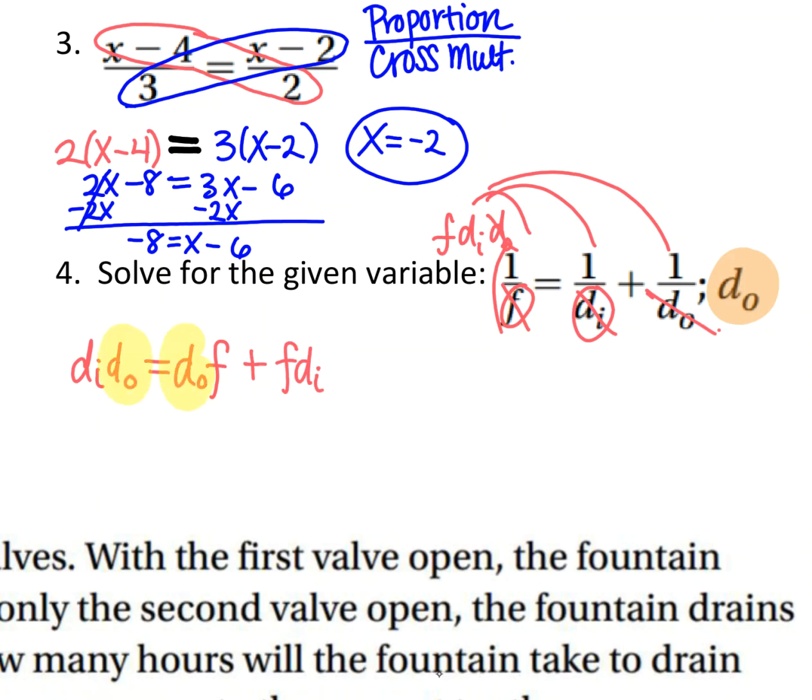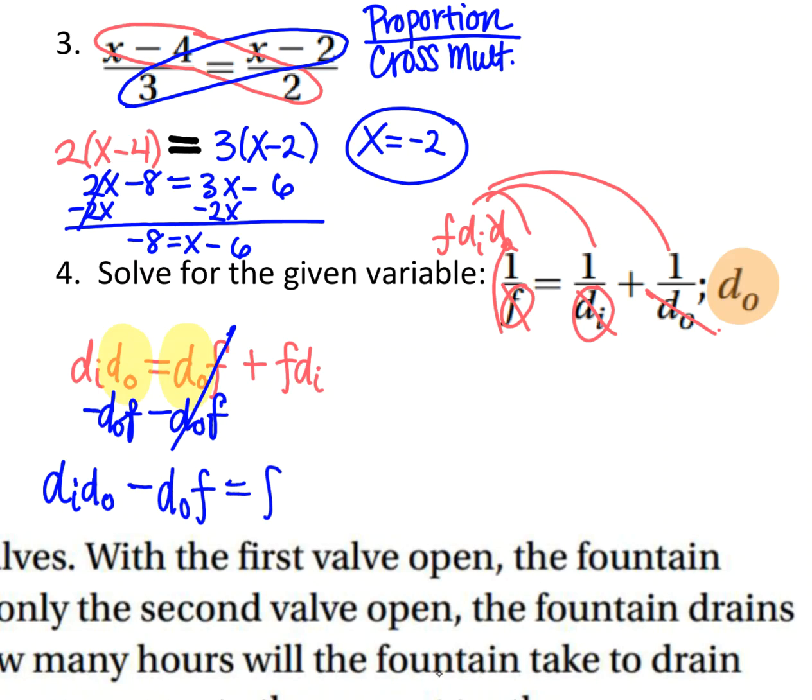And that's going to help us get these things together. So remember, we need d0 all by itself. So I'm going to move this term and subtract it from both sides. Okay, so I have di d0 is one term minus f, or d0f, it doesn't matter which way you write it, equals f di.